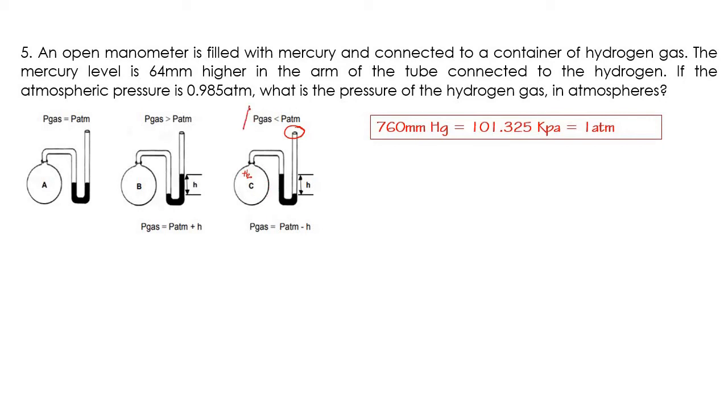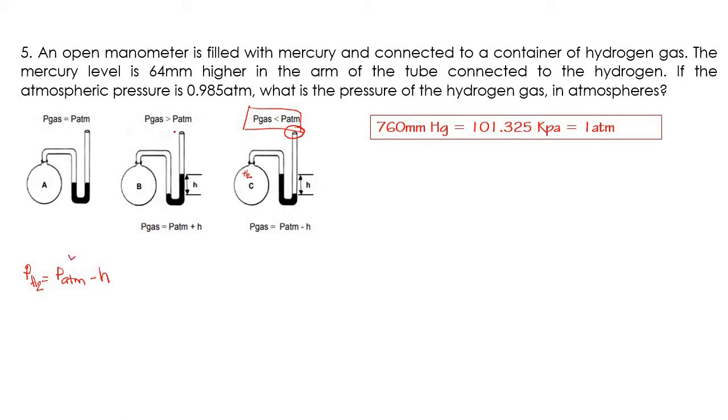So therefore, we are on this case. The pressure of the hydrogen gas is smaller than the atmospheric pressure. So the pressure of hydrogen is equal to the atmospheric pressure minus H.